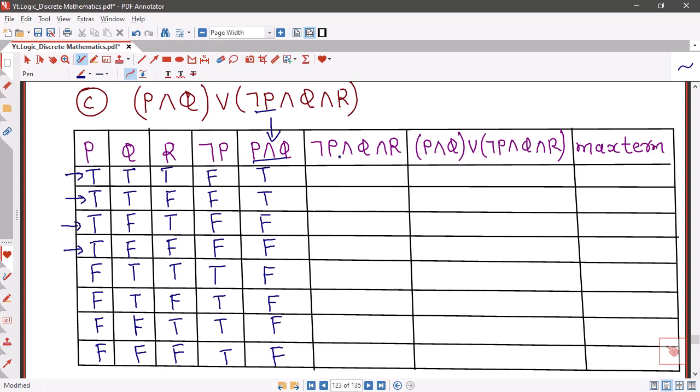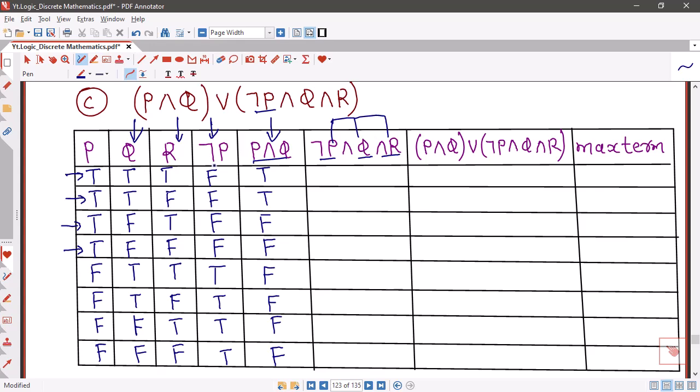Then we will write negation p and q and r, that is we have to concentrate on negation p and q and r. These 3 variables are connected by AND operator, and because we have AND operator, this conjunction is true if all are true, and in remaining cases it is false.